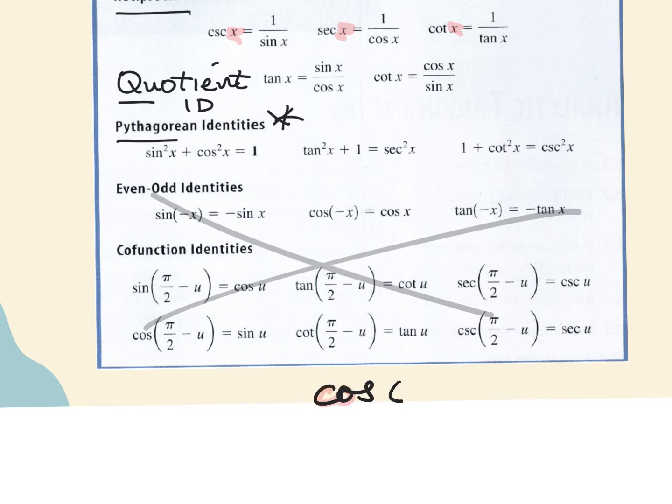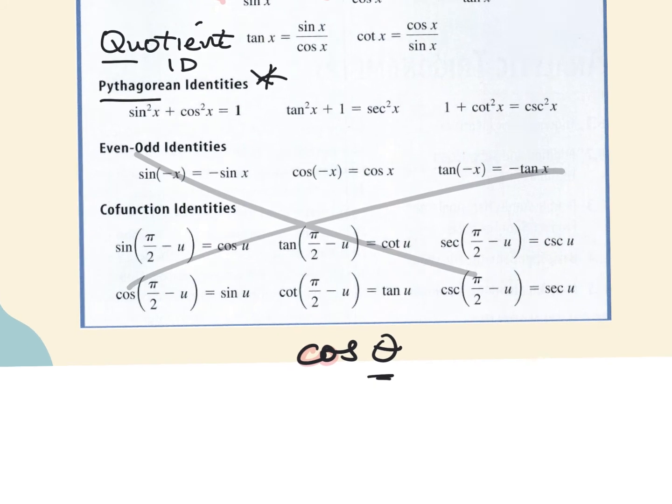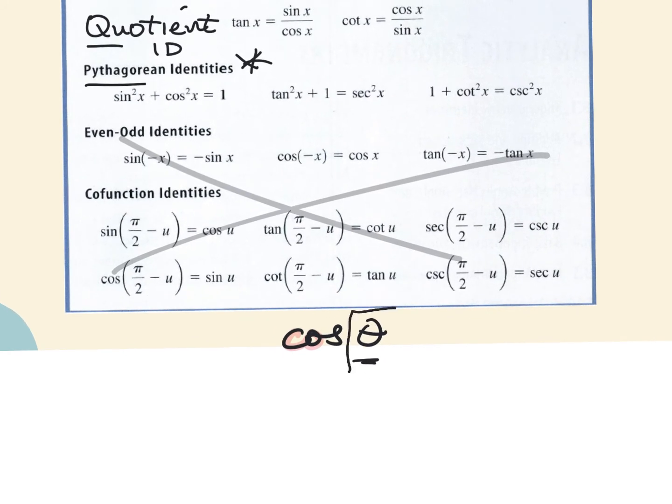So cosine of theta. This is, again, just a variable. They're using other Greek letters in the WebAssign. So whatever variable, whether it's a Greek letter or a regular letter, follows any of these trig words, it's just representing the angle.